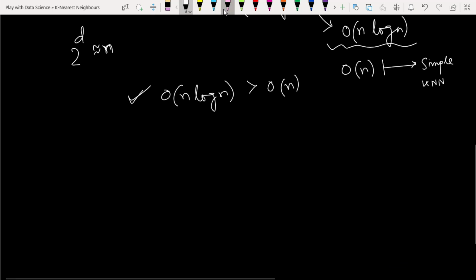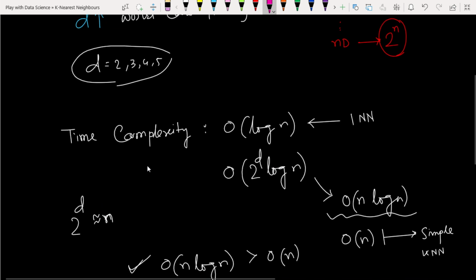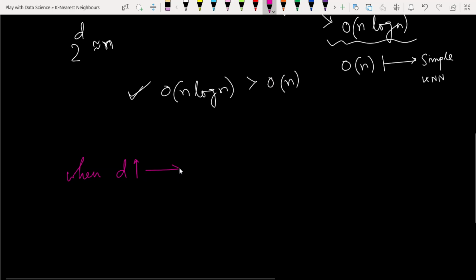Okay. So the main problem for this KD tree is, when we have increased the value of d, even a small value, then what happened?